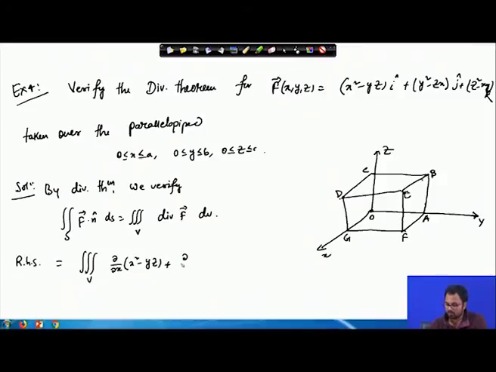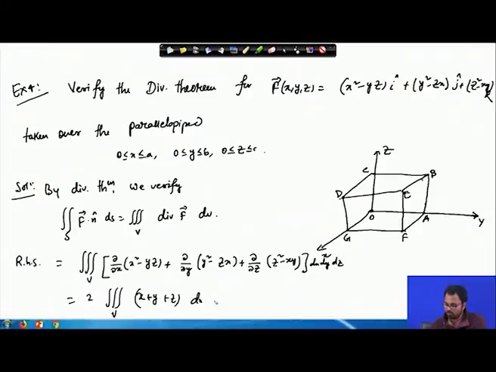plus del del y of y square minus zx and del del z of z square minus xy, dx dy dz. So, this will be 2x, 2y, 2z. So, we will have volume integral of 2 times (x plus y plus z) dx dy dz.